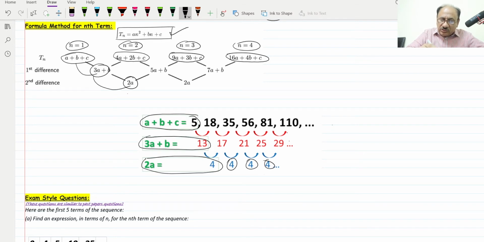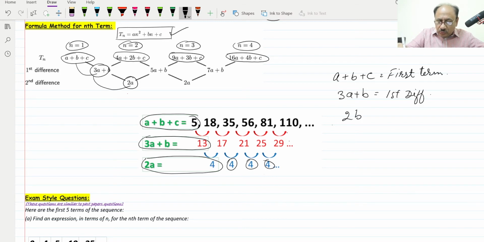So these three things you will have to memorize: a plus b plus c is equal to the first term of the sequence; for 3a plus b, you will take the first difference; and 2a you will always take equal to the second difference.